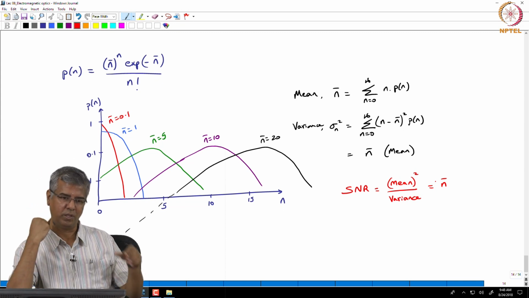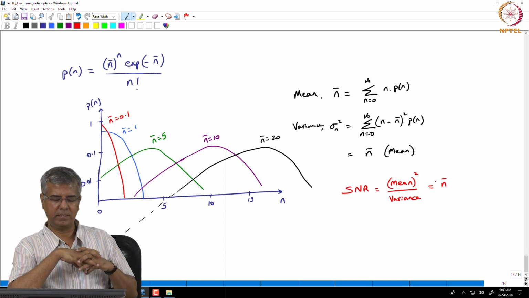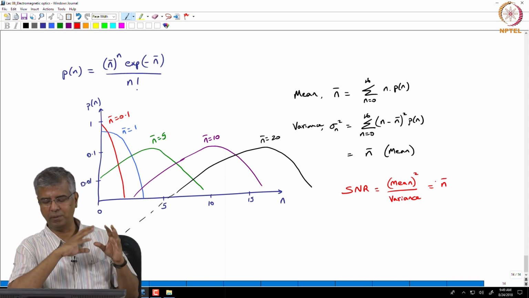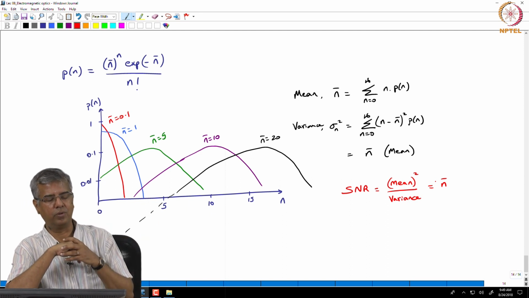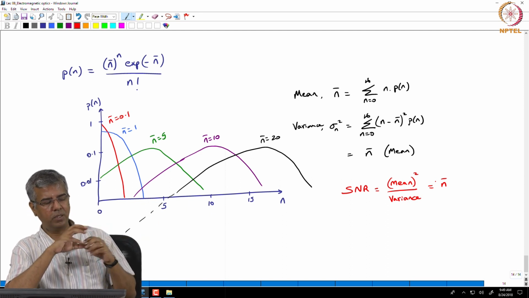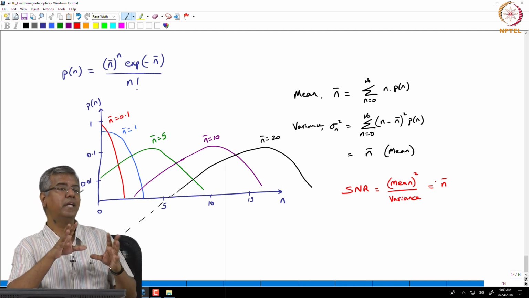Of course, that means that you want to flood your time slots with photons, but it's not as simple as that, because in practical systems we find that beyond a certain number of photons, if you put into the medium, it starts behaving in a nonlinear fashion.